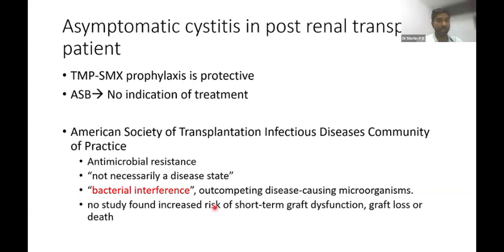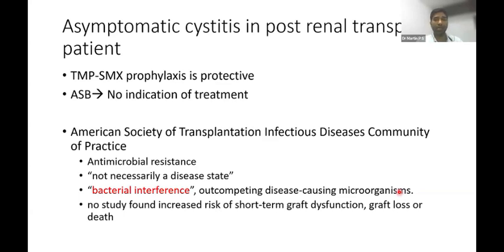And apart from that, they even go and say that this actually is protective, because there is a concept called bacterial interference, where the resident microorganism outcompetes the disease-causing microorganism, and this prevents major infection. So treating this would actually bring more harm, but still it is very center specific.